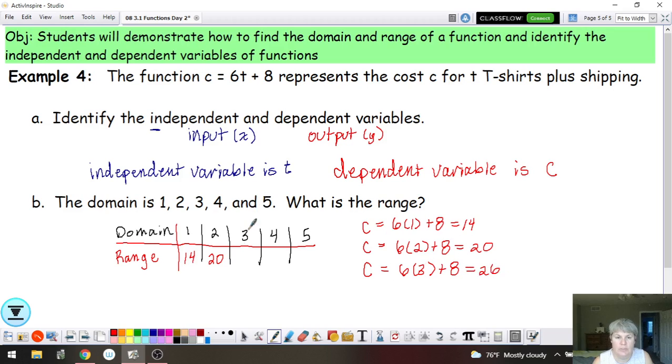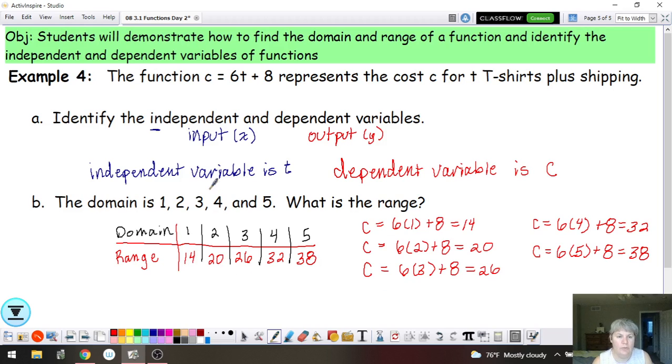So when the input is 3, the output is 26. When T is 4, 24 plus 8 is 32. So when the input is 4, the output is 32. And finally, when the input is 5, 6 times 5 is 30, plus 8 is 38. So when the input is 5, the output is 38.